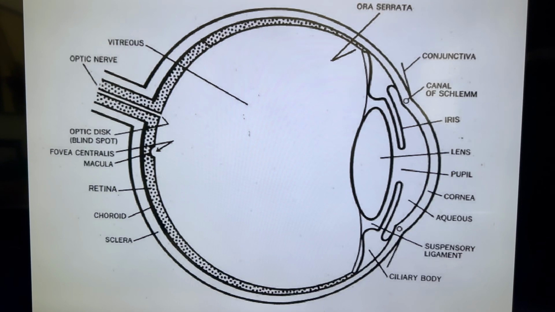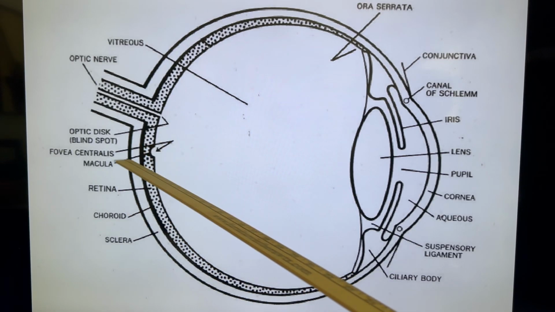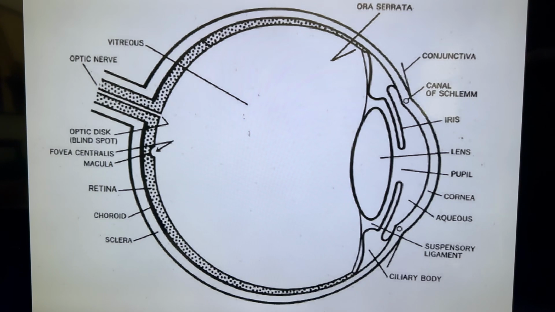It is a smaller, thinner area than the rest of the retina. The fovea centralis is the central portion of the macula with the highest concentration of cone cells. It's interesting to note that the fovea centralis is the only place you see with 20/20 vision.